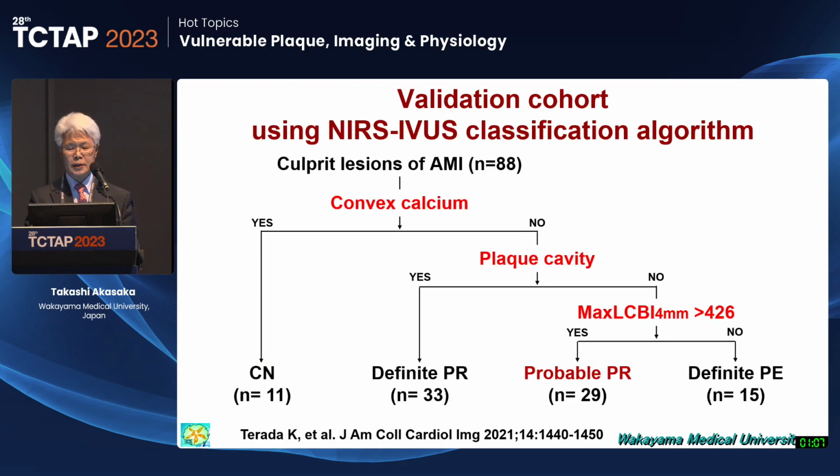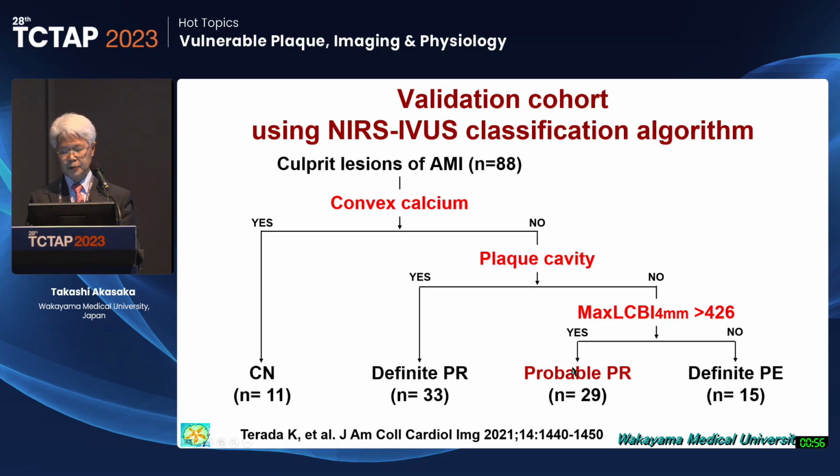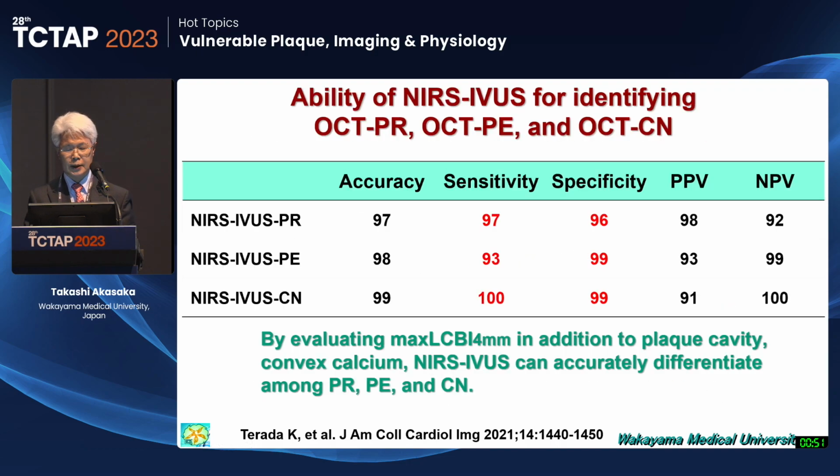And this is validation cohort data using such a classification algorithm, and we can clearly identify calcified nodule, definite plaque rupture, probable plaque rupture, and definite plaque erosion. With this algorithm, NIRS-IVUS can identify rupture, erosion, and calcified nodule with high positive predictive value and negative predictive value, as shown in this slide.